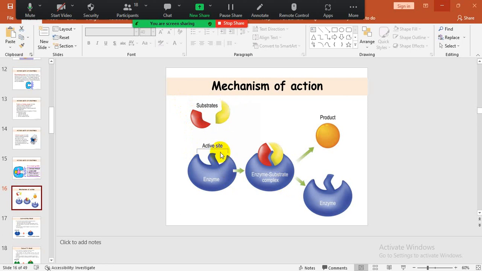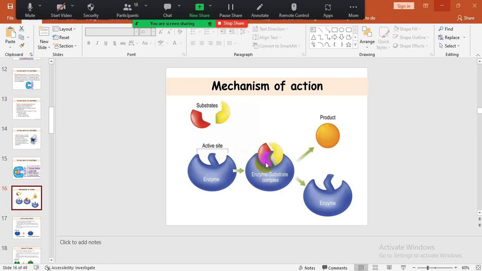The yellow one will also bind over here. You can see that the red one has this pointed side that can easily fit here. The yellow one has this side that can easily fit in this cleft. So when they fit, they form the enzyme substrate complex.